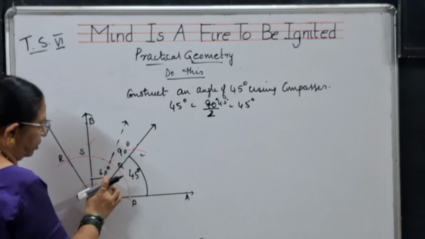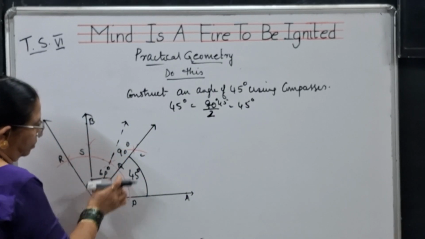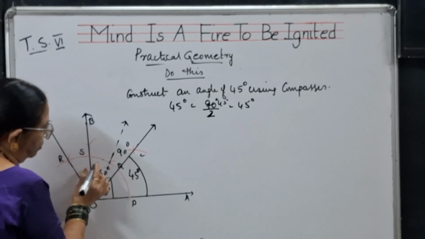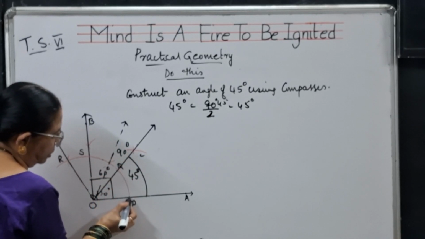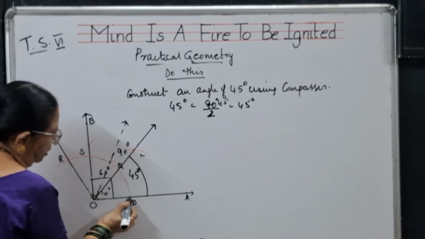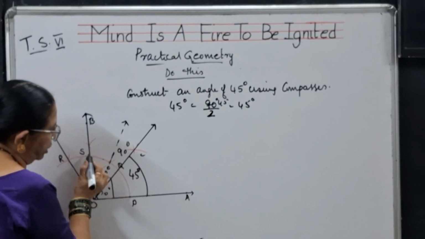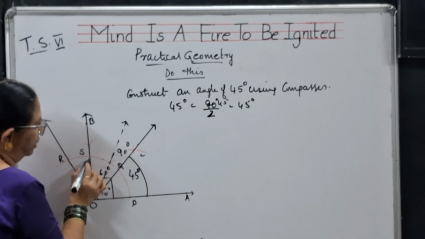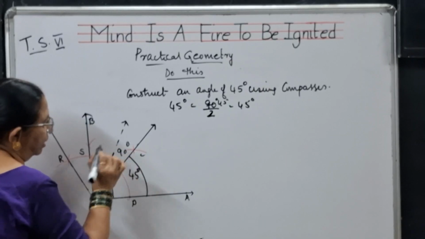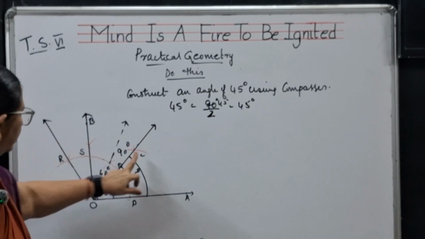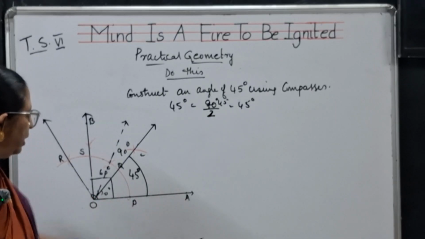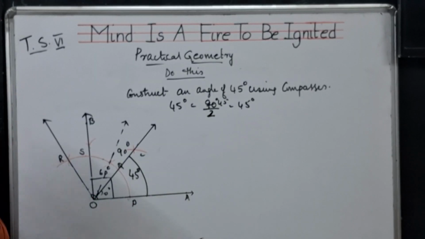So earlier it was 90 degrees. So this is the bisecting one. This whole thing is the arc that I have taken. So in this arc, P as center, more than half of PS as radius, one arc here, S as center, another arc here. These two I should join. So I have got angle COA is 45 degrees.